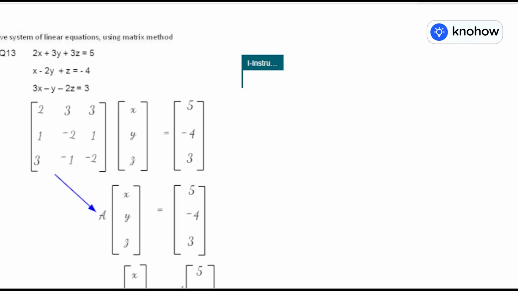And now next we have to work out the value of adjoint A. How do you work out the value of adjoint A? It is the transpose of the cofactor matrix, where each element is replaced by its cofactor, say C11, C12, C13, C21, C22, C23, C31, C32, C33, and take the transpose.